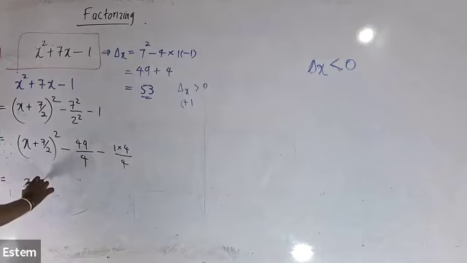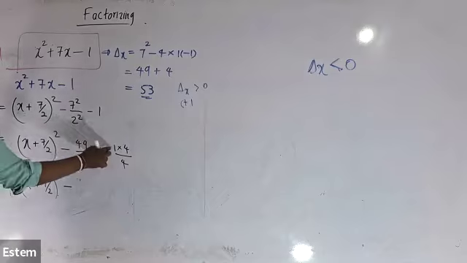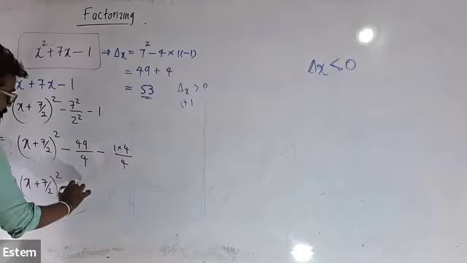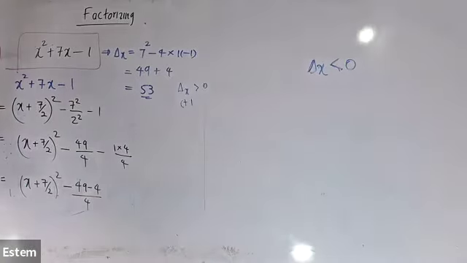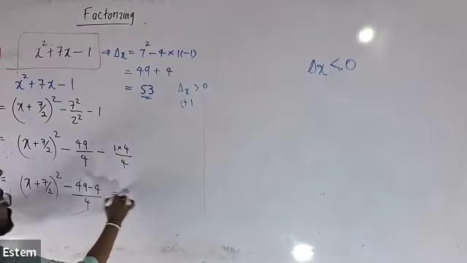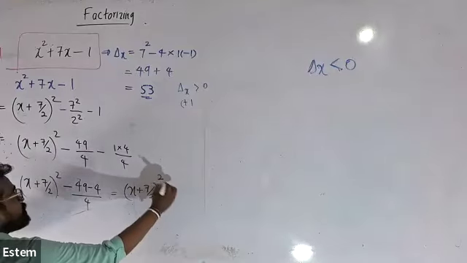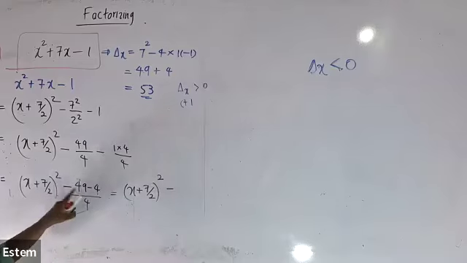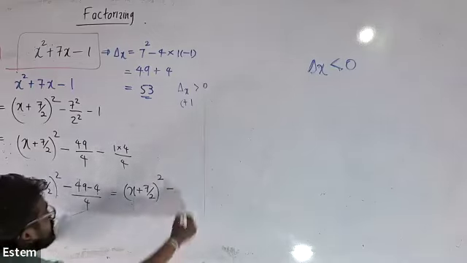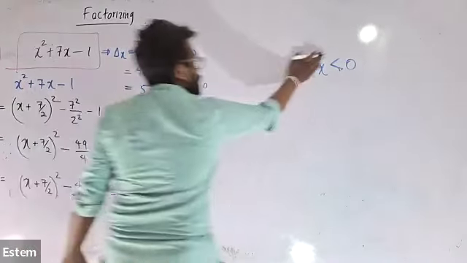So x plus 7 over 2 entire squared minus 49 minus 4 over 4, which means minus 53 over 4.